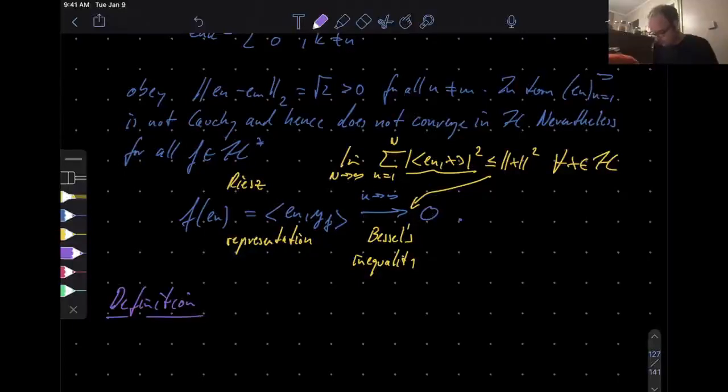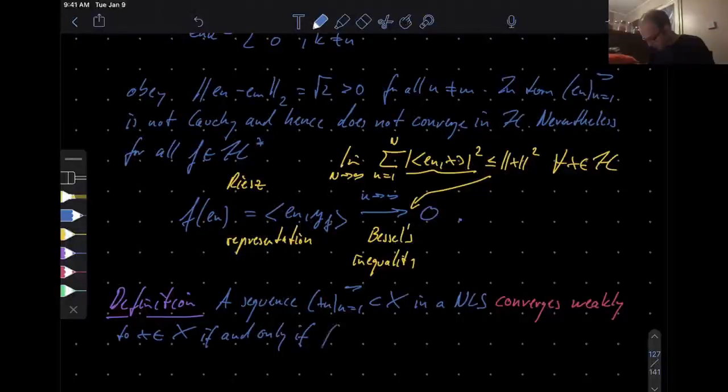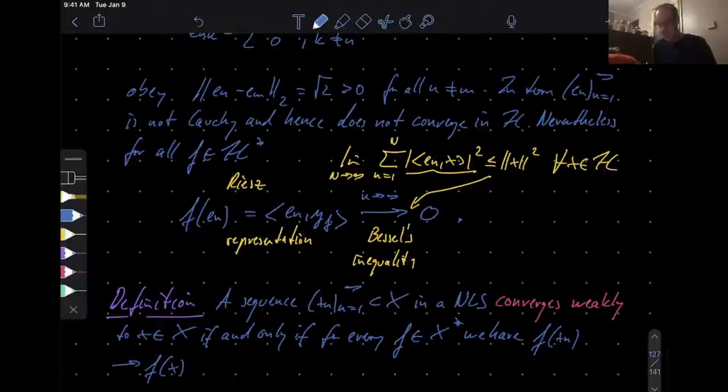So definition: a sequence x_n in a NLS, either over the field of real numbers or complex numbers, converges weakly to a vector x if and only if for every bounded linear functional f we have the ordinary convergence f(x_n) to f(x) in the underlying scalar field as n tends to infinity.